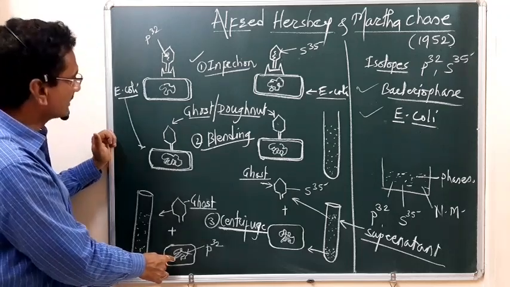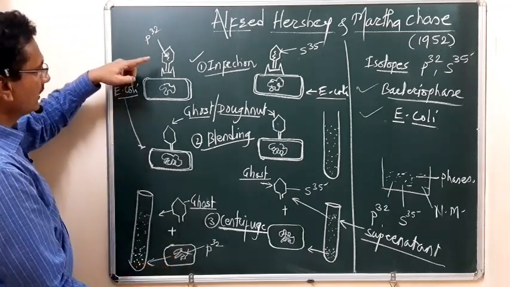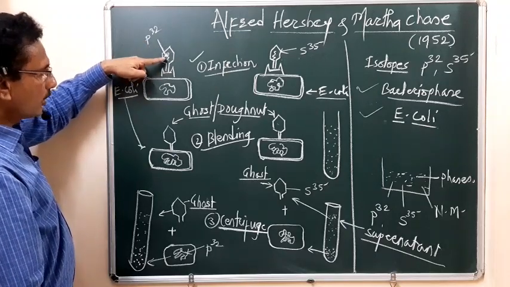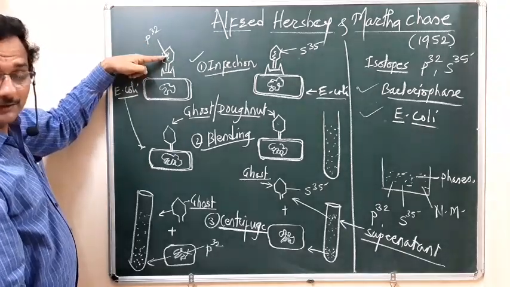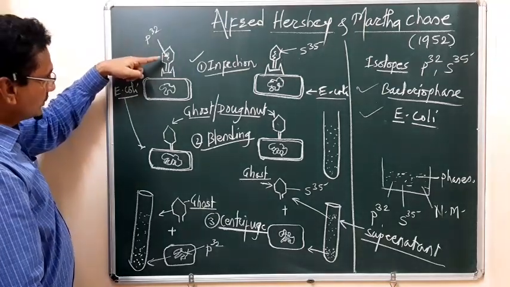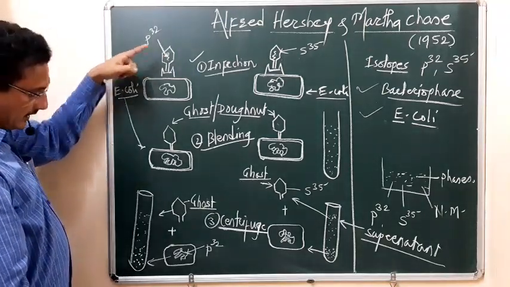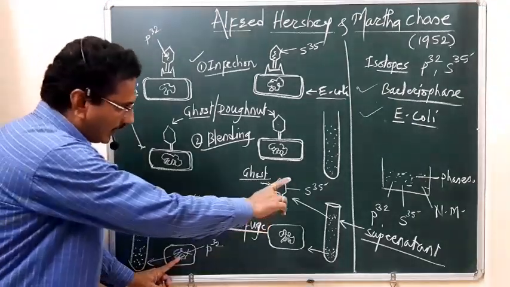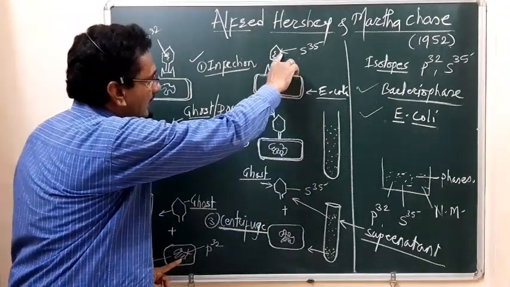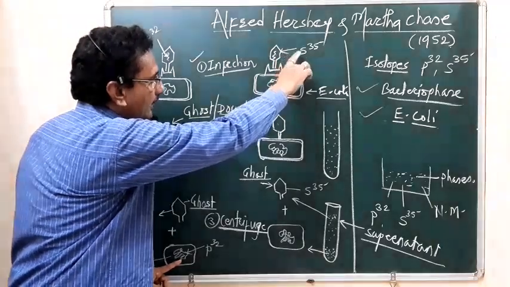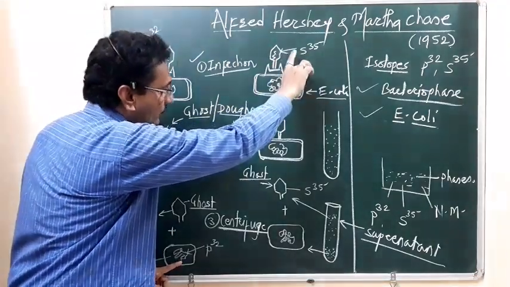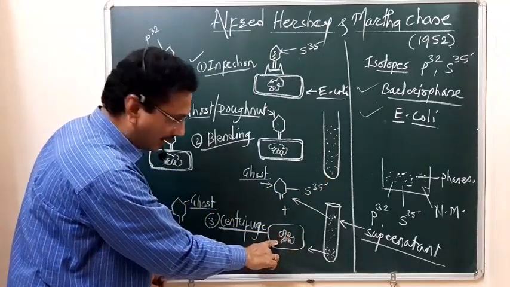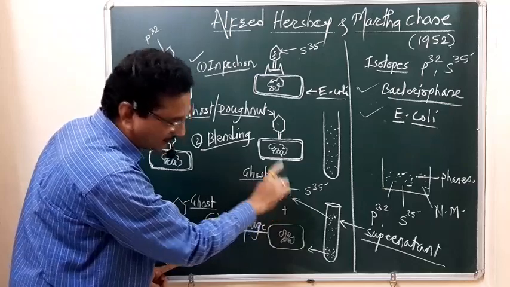Remember, students, the radio-labeled phosphorus gets incorporated in the DNA of the bacteriophage, and such radio-labeled DNA enters inside the bacterial cell. But the radio-labeled protein coat never enters the bacterial cell; it remains outside.